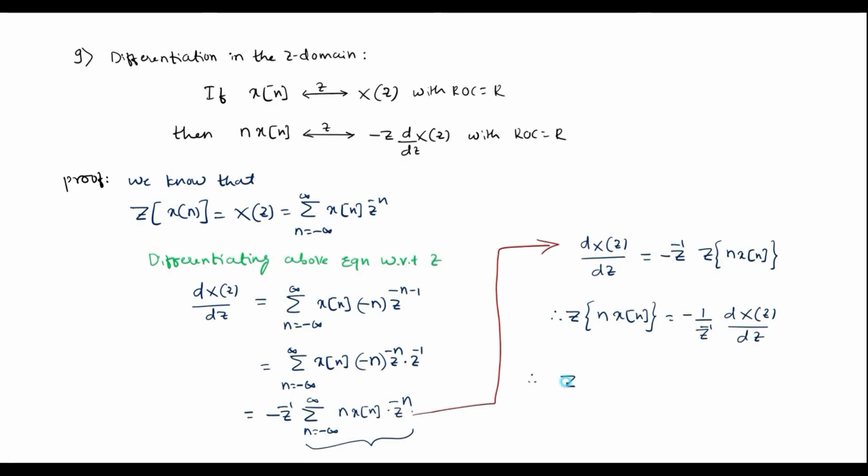Therefore the z transform of n x of n is equal to minus z times dX(z) by dz. Thus the property is proved.